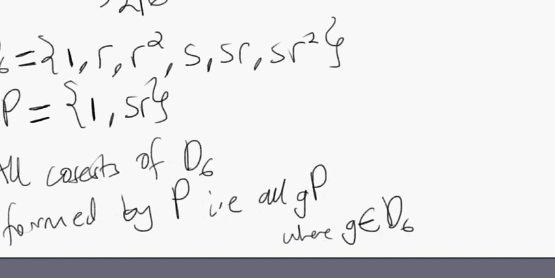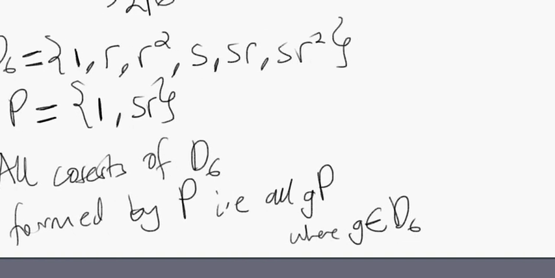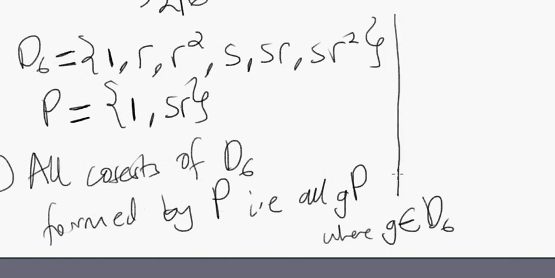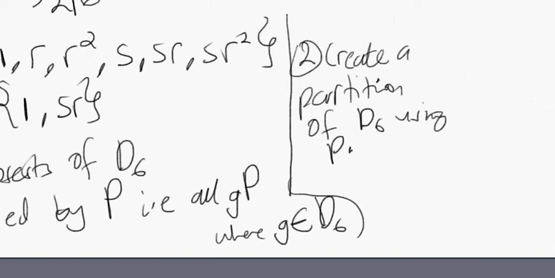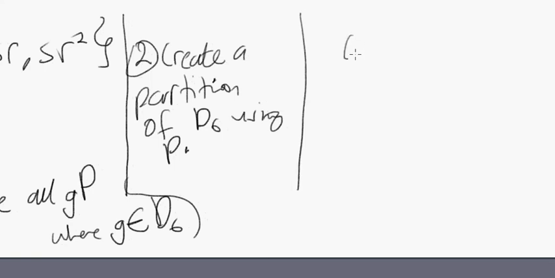Then see if you can figure out which ones of them are the same, which ones are not the same, and then create a partition of D6 using the subgroup P.